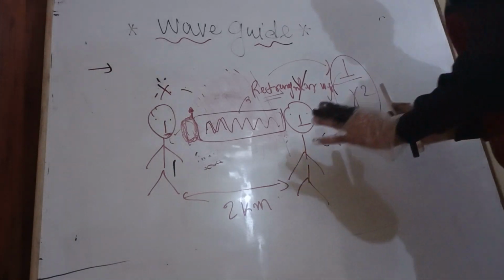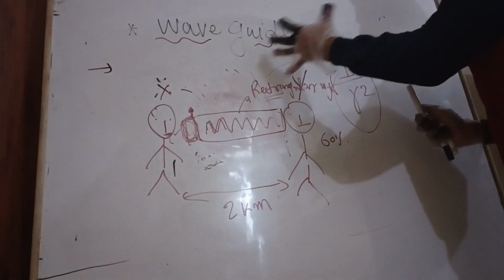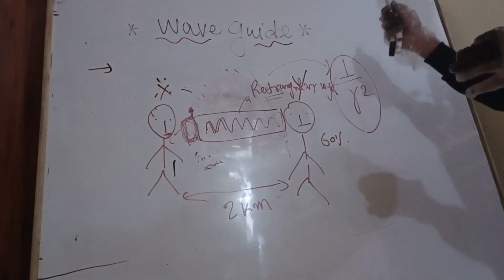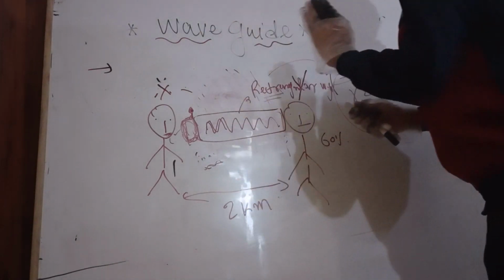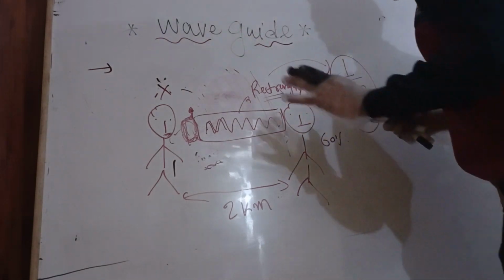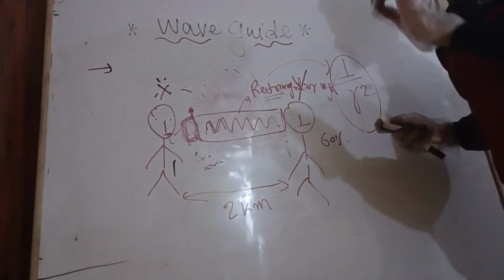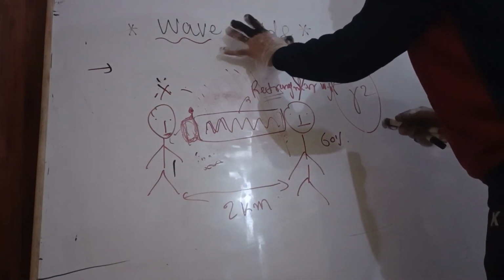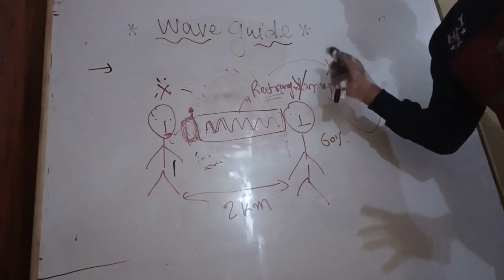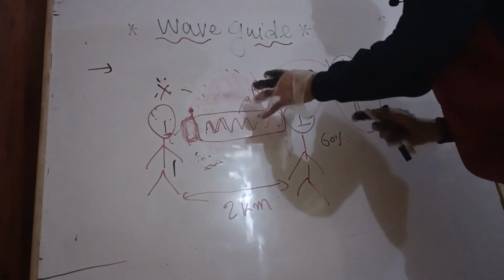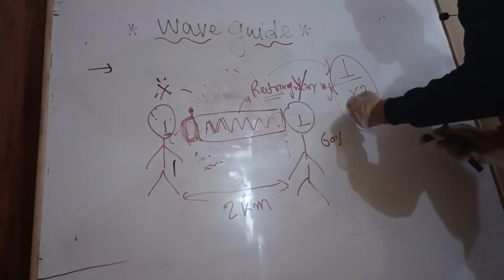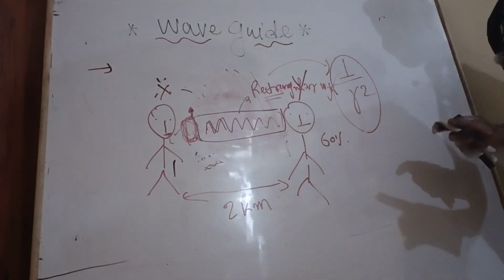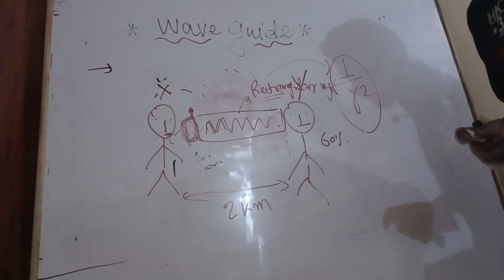So for high frequency signal transmission we always use the waveguide, because without it there is a lot of attenuation and very little information reaches the receiver. This is the main reason we use the waveguide.